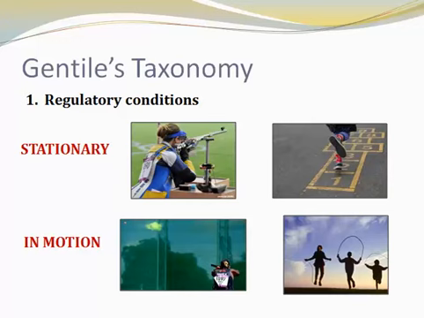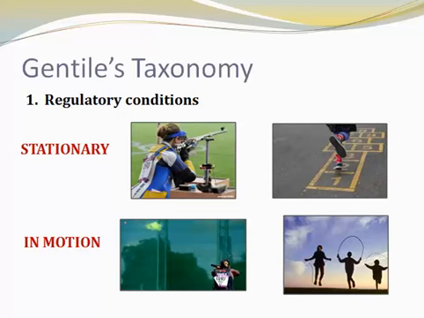Something like any kind of target shooting or archery, for example, our environmental conditions would stay the same, being the distance from the target, for example, in competition. Hopscotch would also fall into this category because the environmental context for performing the movement doesn't change. The sizes of the squares stay the same, the placement of the squares stays exactly the same. The only thing that's really changing is you.